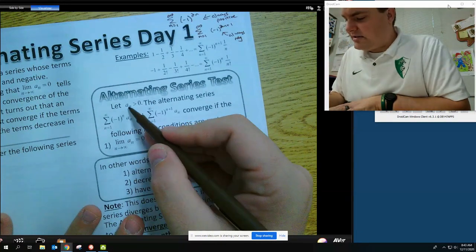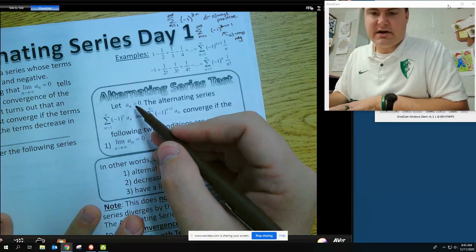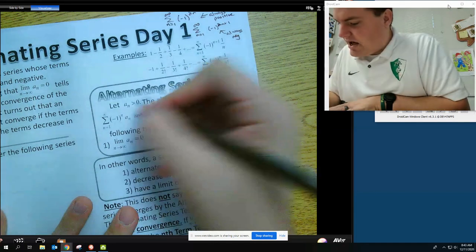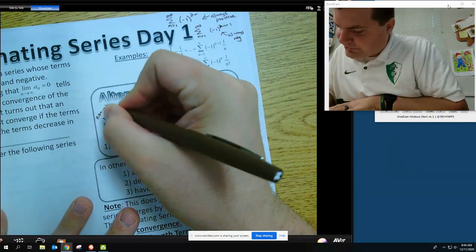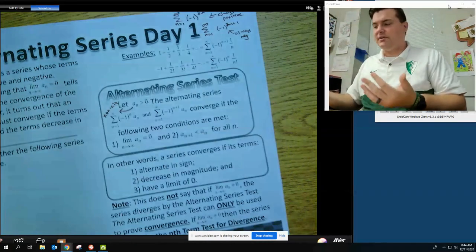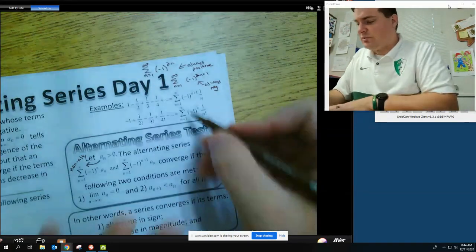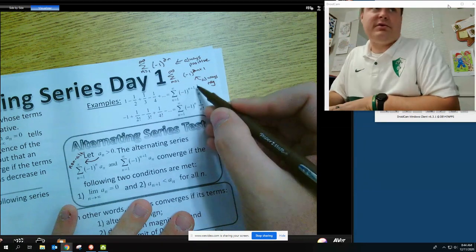So let a sub n be greater than 0. So this would be the non-alternating part of the series. Like for this one, my a sub n would just be 1 over n. That's the non-alternating part.